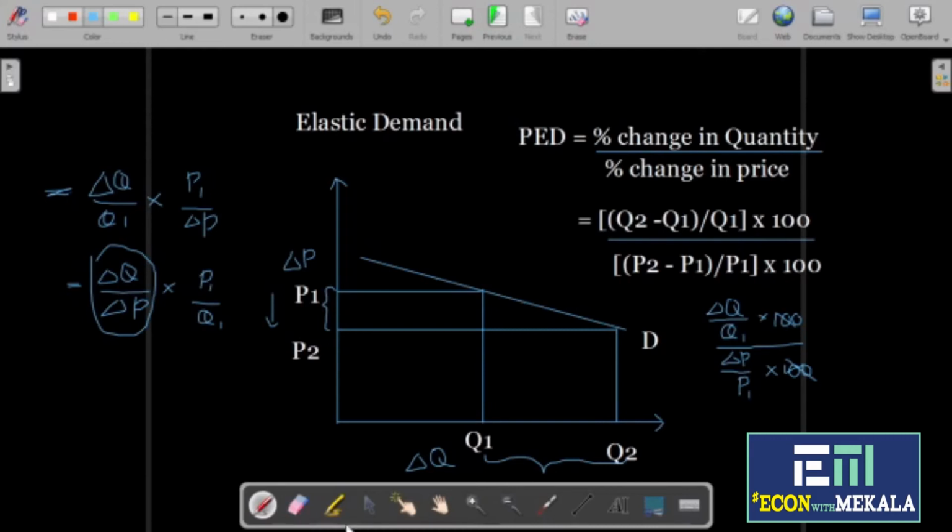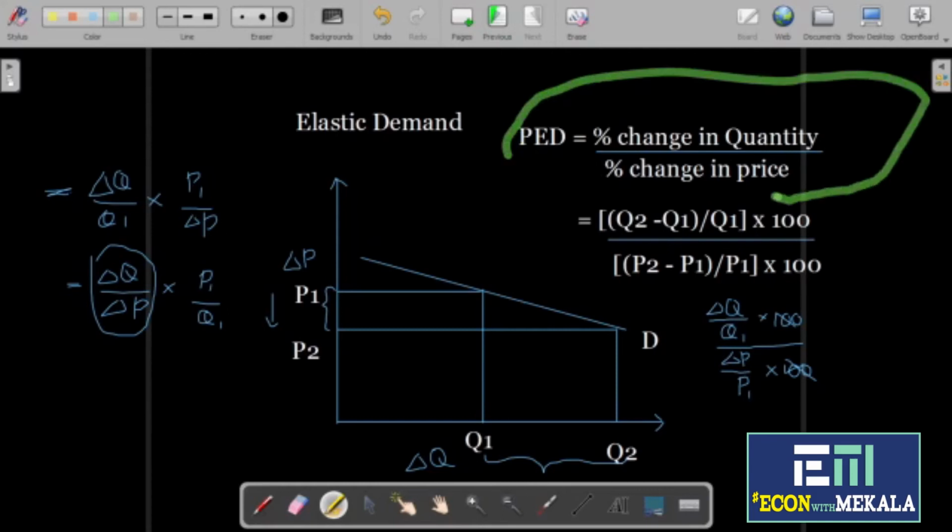I want to bring your attention to this equation. We actually constructed an alternative formula for calculating PED. If you remember the original PED formula, it's here: percentage change in quantity divided by percentage change in price. Individually you need to calculate percentage change in quantity and percentage change in price. But let's say in the exam they have given you the original price, new price, and change in quantity demanded or change in price.